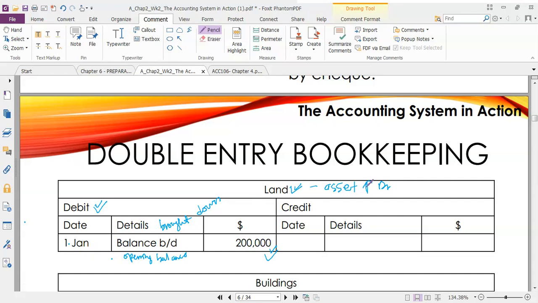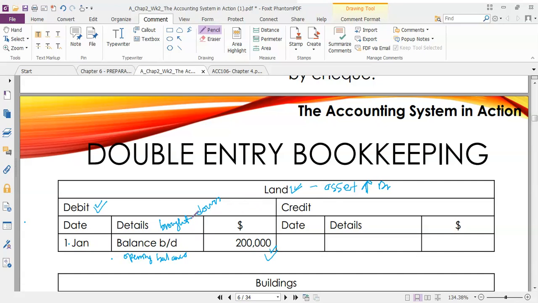So that is why, if we have an opening balance, we must consider the transaction as increasing. Before this we don't have that amount, so we put the previous amount from the previous year into the new year, on the 1st of January.